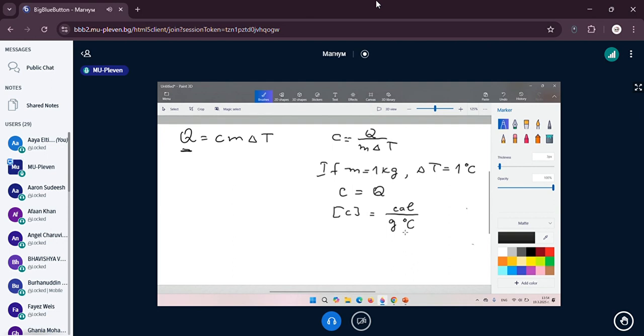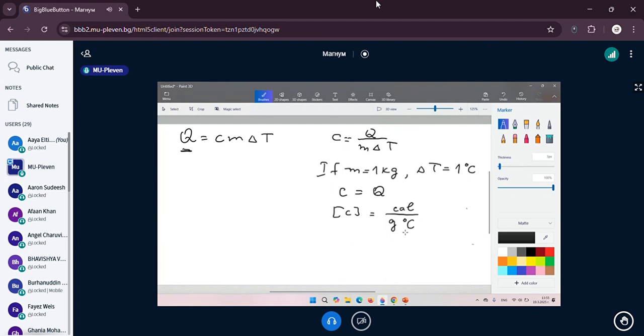So the more popular unit of measure for the specific heat is calorie per gram per degree Celsius. In the slide, another unit is introduced, the so-called dietary calorie, and what is it? It is 10 to the power 3 calories, or 1000 calories, called a dietary calorie.